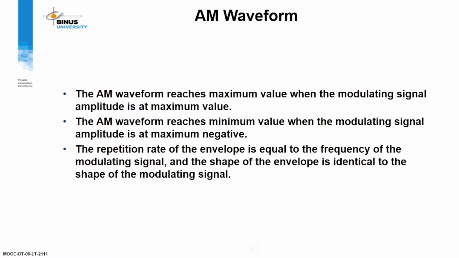The AM waveform reaches minimum value when the modulating signal amplitude is at maximum negative. The repetition rate of the envelope is equal to the frequency of the modulating signal, and the shape of the envelope is identical to the shape of the modulating signal.